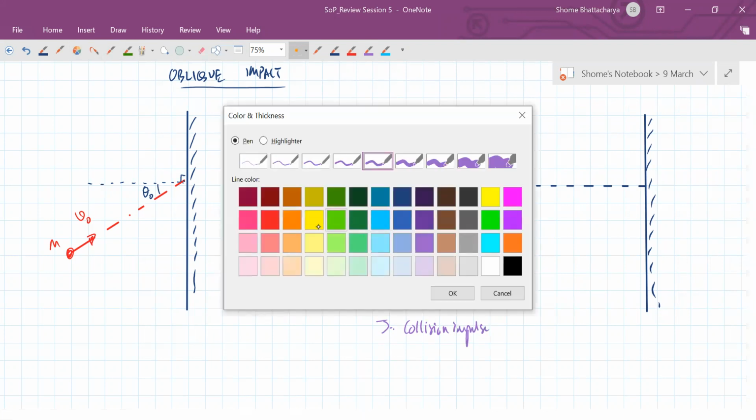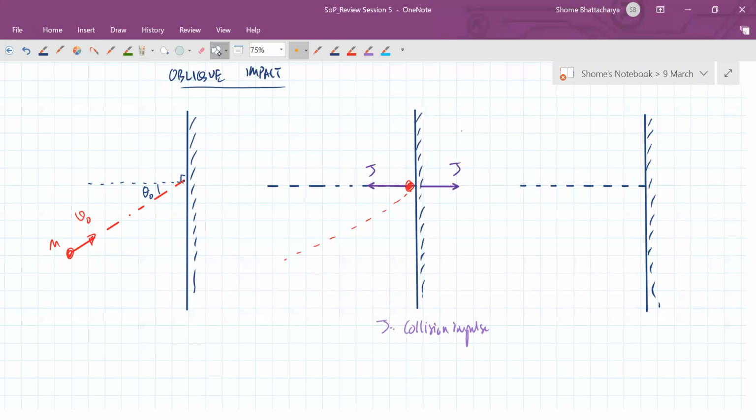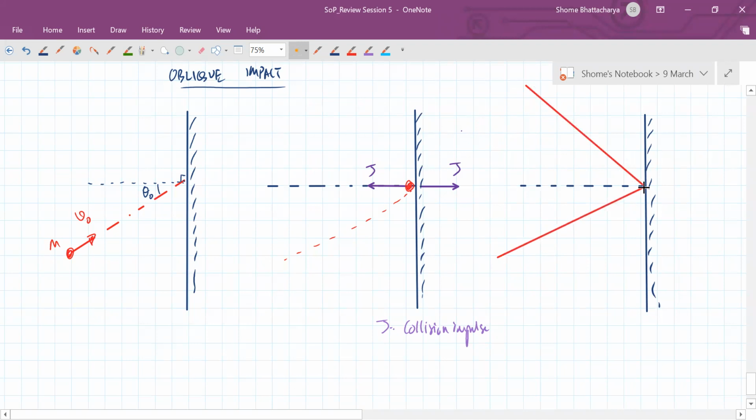Therefore, after the impact, in general, the particle goes off in some other direction like this, with a velocity v at some different angle theta compared to theta naught.